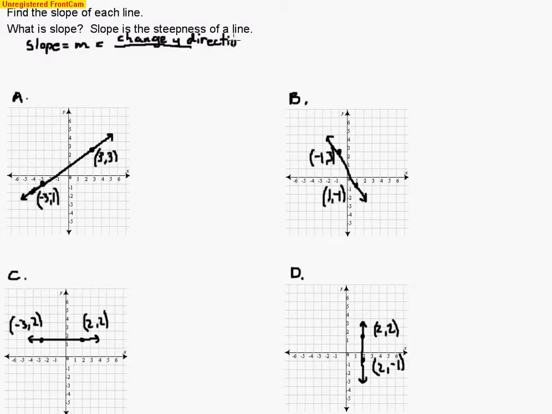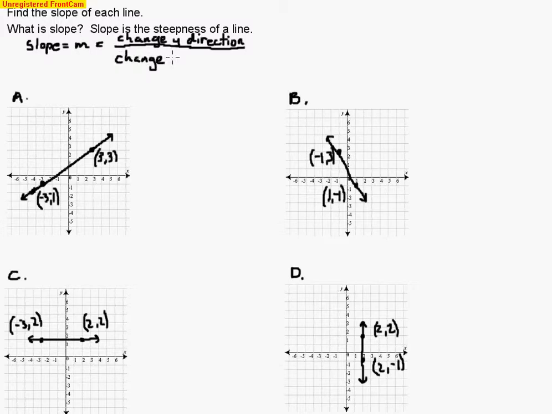Steepness is slope, so when we think about how steep it is, we think of going uphill, or going down really fast. That would be the change in the y direction, so that's why that's always on top. And then we have the change in the x direction on the bottom.